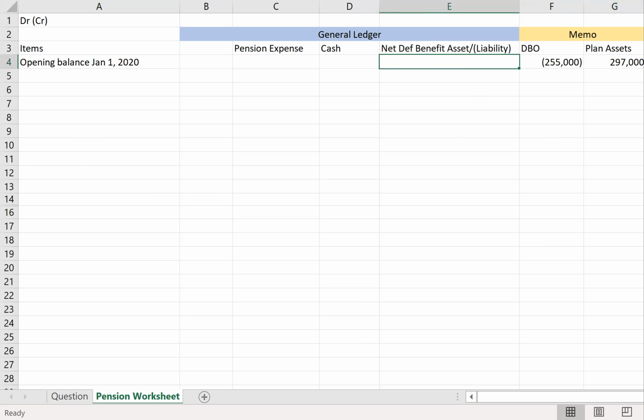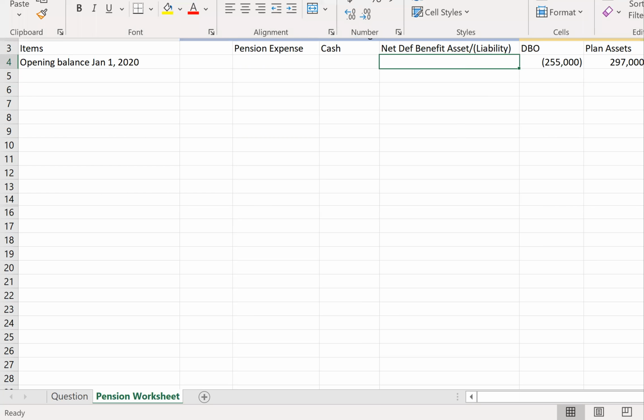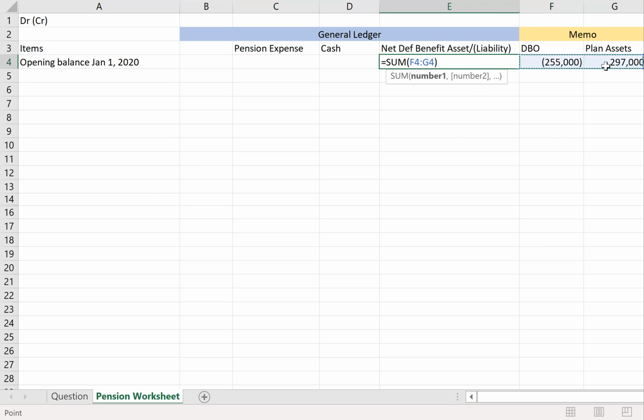So they actually have a surplus. So the company on January 1st will have recorded a surplus of $42,000. So they have an asset on their balance sheet of $42,000, which is to reflect the fact that the plan assets are higher than the present value of the benefits that need to be paid out under the plan.